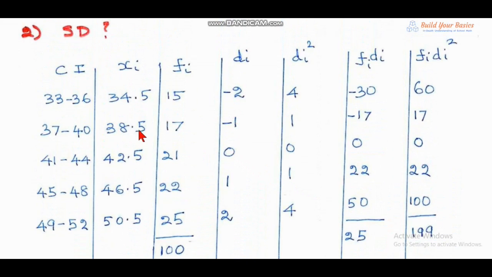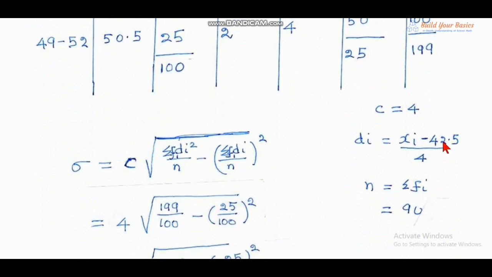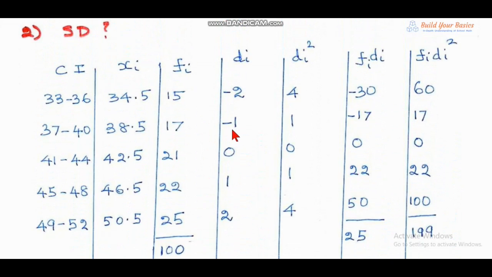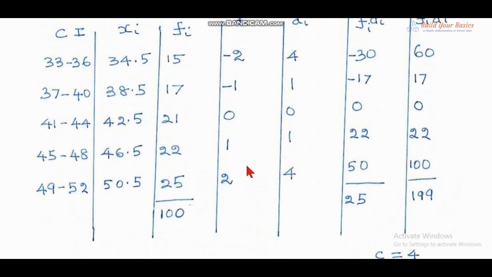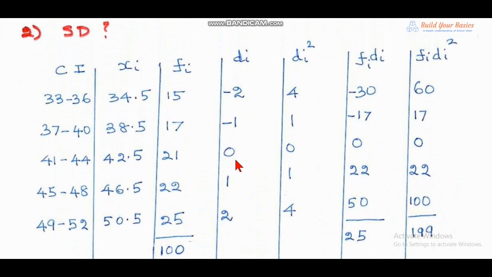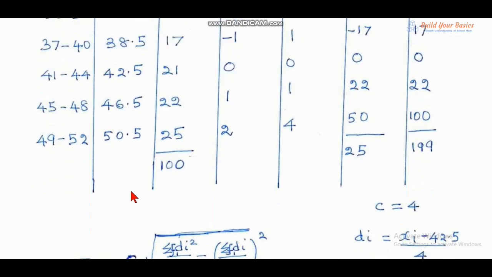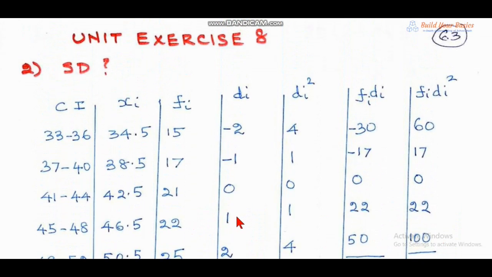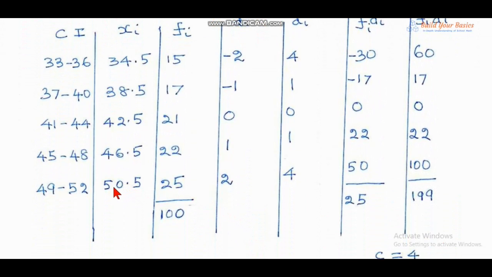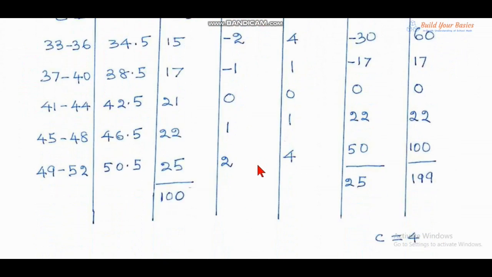Then 38.5 minus 42.5 divided by 4, that is minus 1. For the third, 42.5 minus 42.5 divided by 4, that is 0. Then for the fourth, 46.5 minus 42.5 divided by 4, that is 1. Then 50.5 minus 42.5 divided by 4, that is 2. So we have got di column.